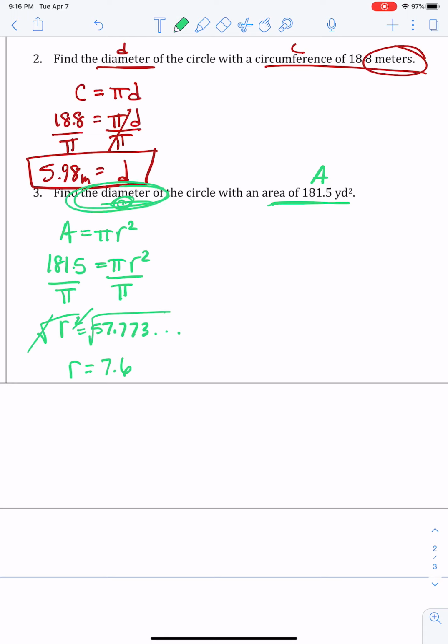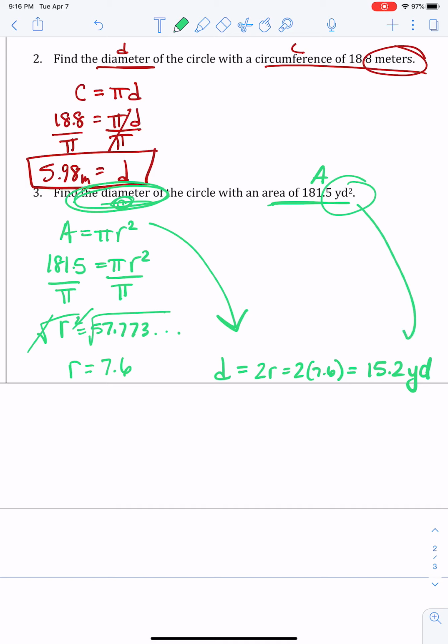That's not what I asked you to find, though. I asked you to find the diameter. So diameter is 2r, which is 2 times 7.6, which is 15.2 yards. Again, make sure that your yards are not squared and that you answer the question appropriately.